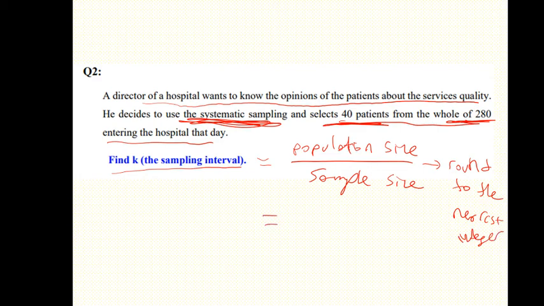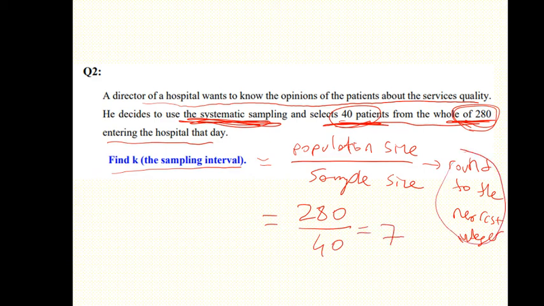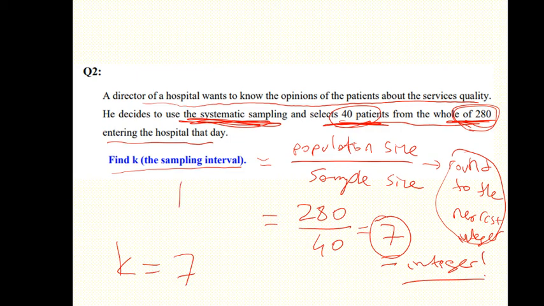So the population size is 280 and the sample size is 40, so it will be 280 divided by 40. It will make 7, and no need to round it because it's already an integer. So the sampling interval will be 7.